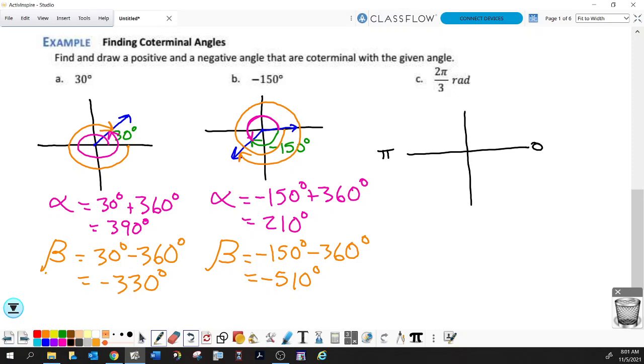2/3 is 0.6 repeating, right? It's more than half. So up here would have been pi over 2. We have to go past the pi over 2, but we can't go all the way to the pi. Picture not drawn to scale. I'll even draw the terminal side, or the initial side. It's going to land somewhere in quadrant 2. Picture not drawn to scale, obviously.